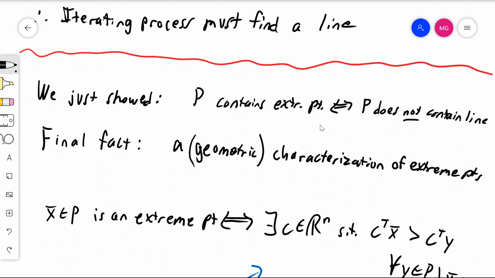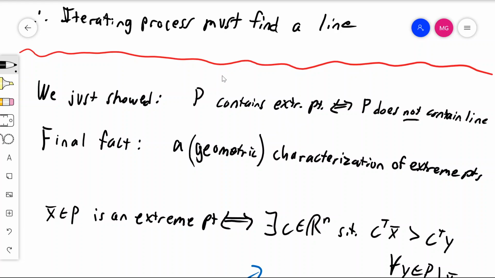Okay, so here is a final fact regarding extreme points. What have we done so far in terms of tests for extreme points? We have a test for a given point in the polyhedron in terms of whether it's an extreme point or not, and that's in terms of the rank of the matrix of tight constraints.